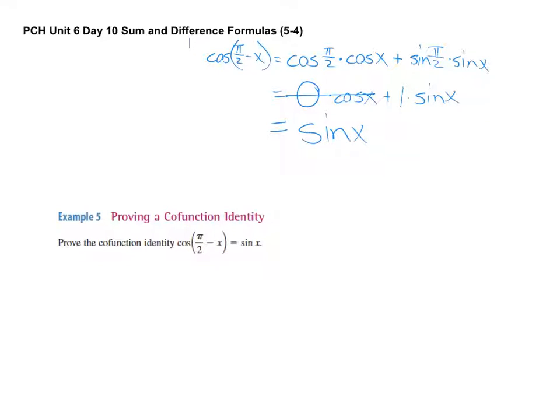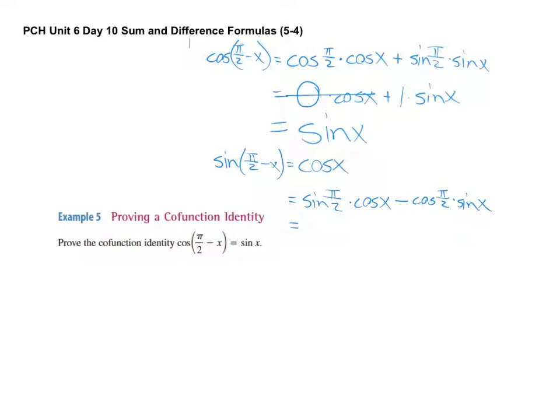We actually can prove it the other way as well. You remember that the sine of pi over 2 minus x equals the cosine of x. Well, if we use our angle difference formula for sine, it's sine of u times cosine of v, and the operation matches with sine, so it's minus the cosine of u times the sine of v.